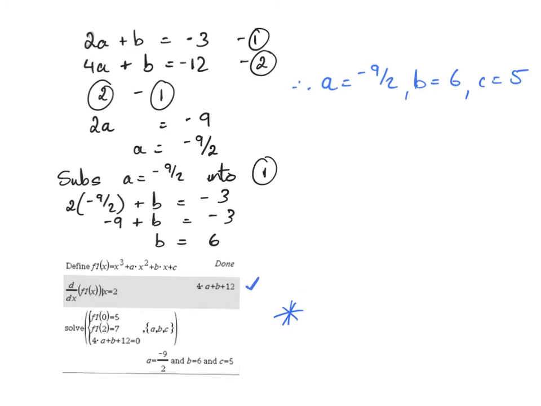So that's the first step there. This one is when we let x equal 0 and y equal 5. This is when we let x equal 2 and y equal 7. And of course, that is the one where you let the derivative equal 0 when x is equal to 2. And it will give you your three answers.